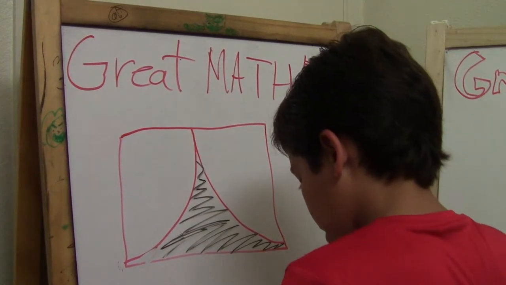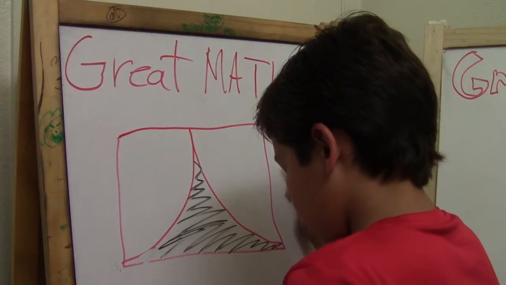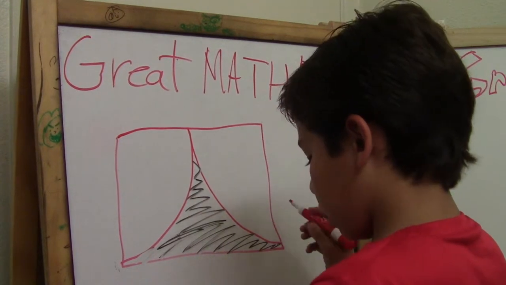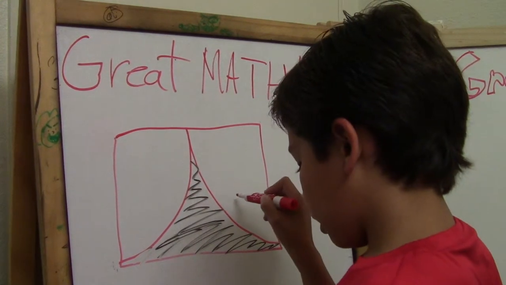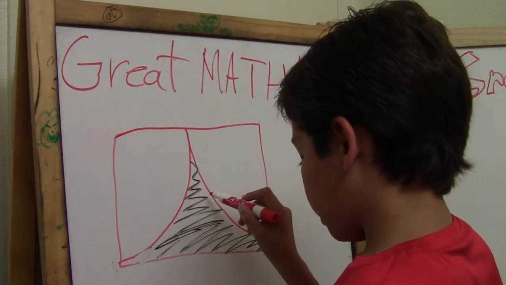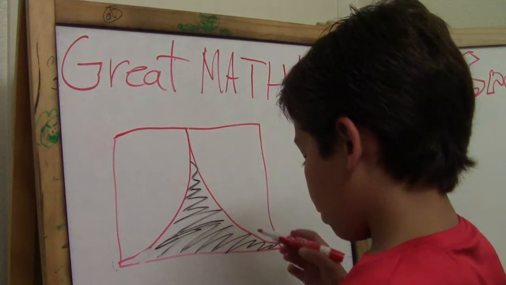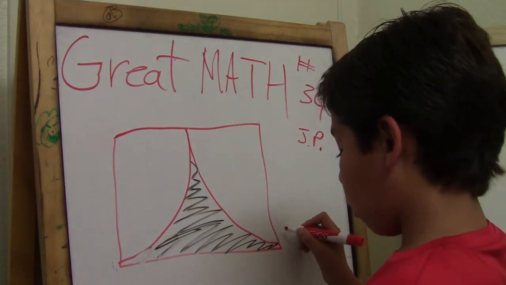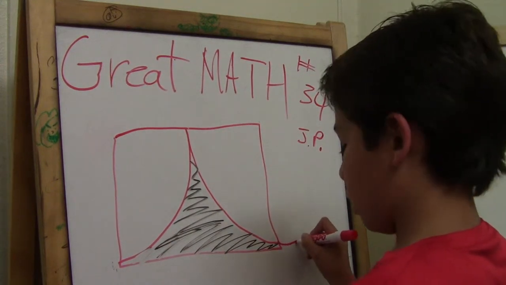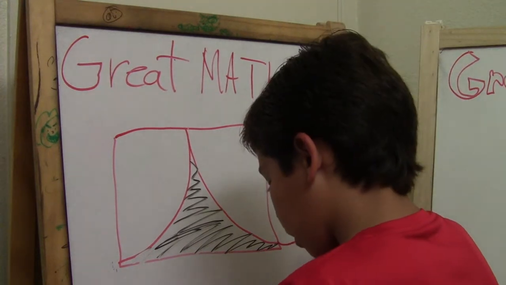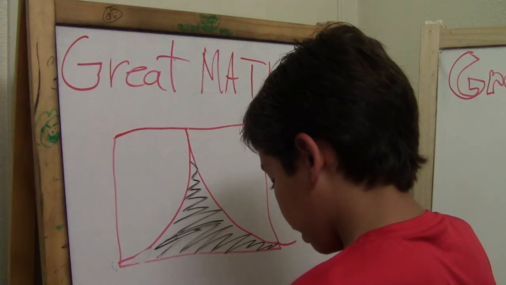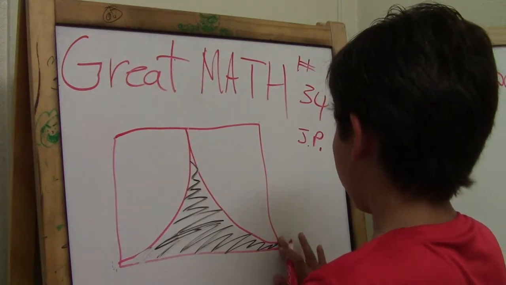Two quarter circles meet at the point on a side of the rectangle. If the radius of each quarter circle is 6, then what is the area of the shaded region?